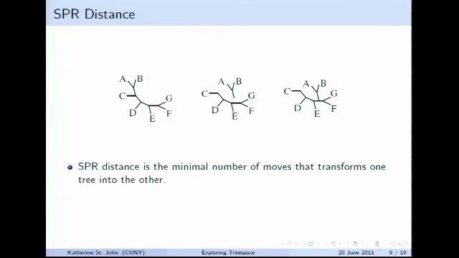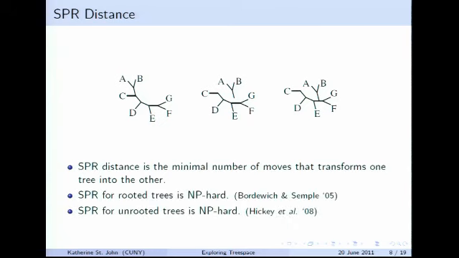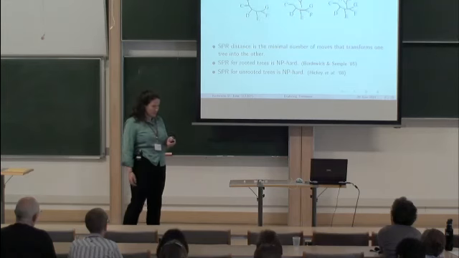The SPR distance is the minimal number of SPR moves that transforms one tree into the other. SPR for rooted trees is NP-hard due to Bordewich and Semple, and for unrooted trees, it's also NP-hard due to Hickey et al. So these are all hard, fortunately.